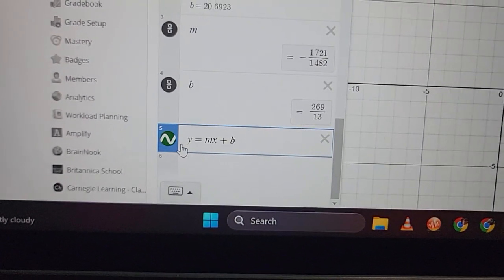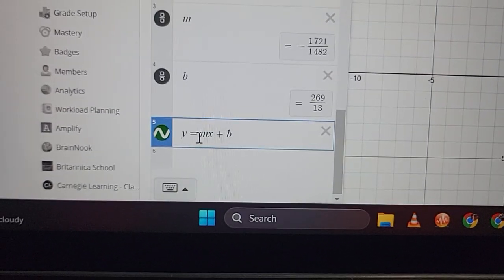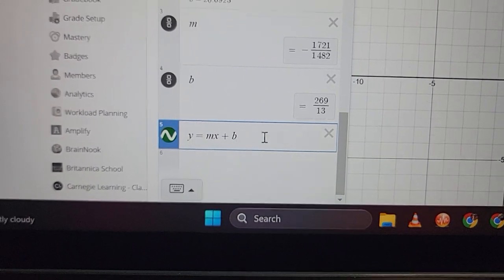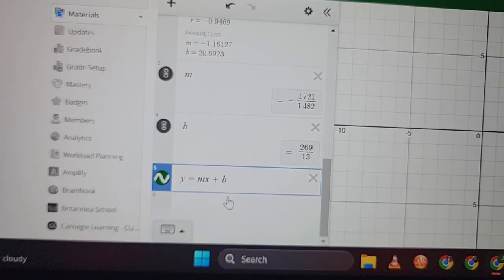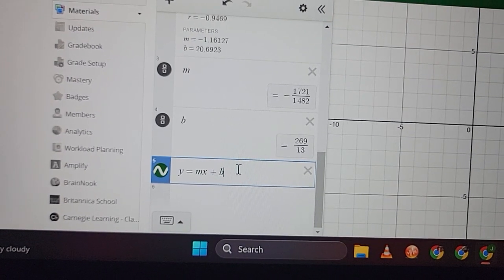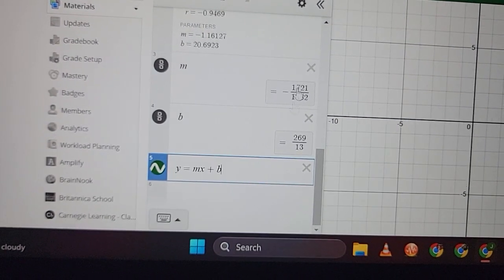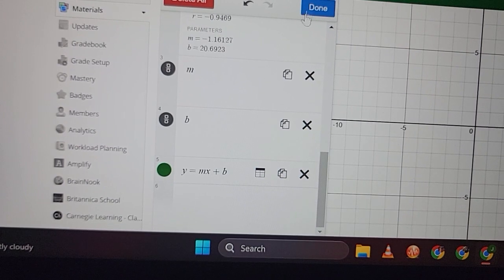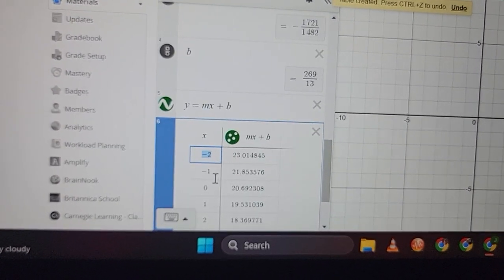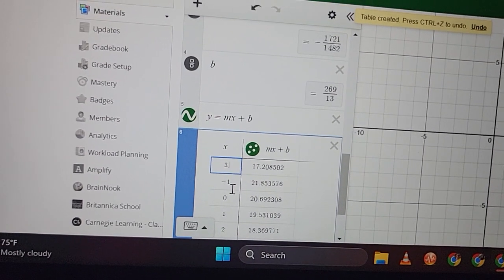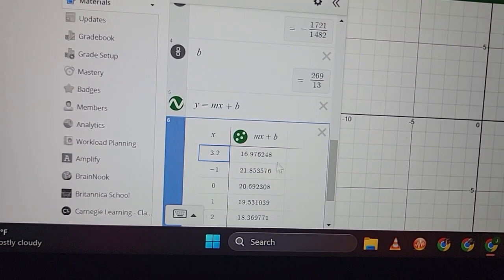So now number 5, just type in a regular y equals mx plus b like that. Then we're going to go ahead and hit the little gear. So make sure your cursor's right here, y equals mx plus b. Don't worry about the ones, you don't have to put the ones in there. And then here we're going to go ahead and create the table. Now we have 3.2 years.